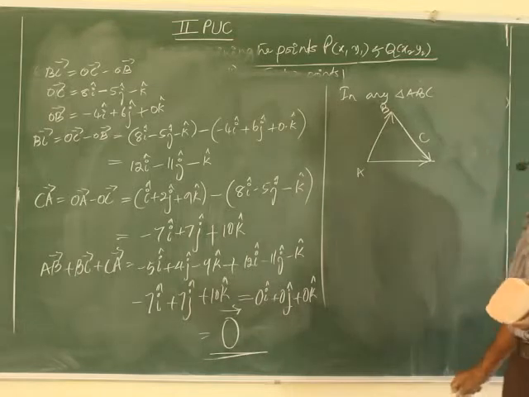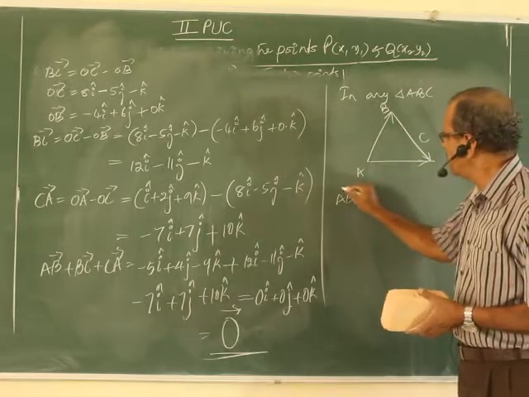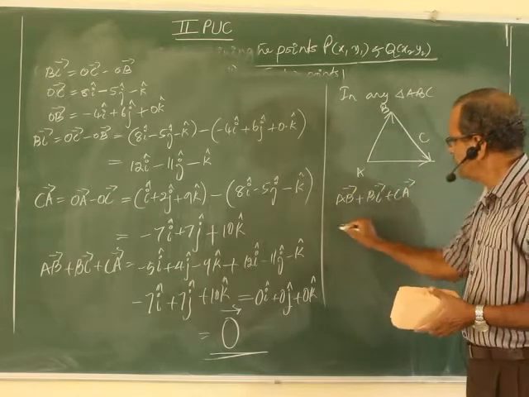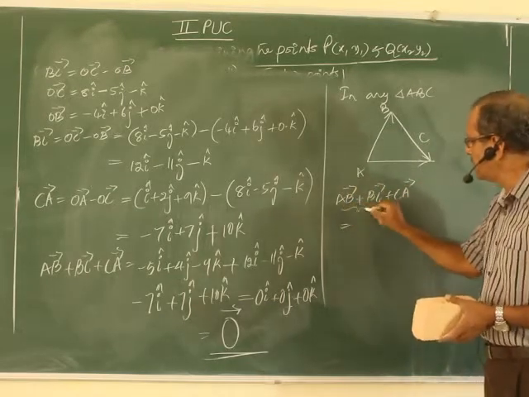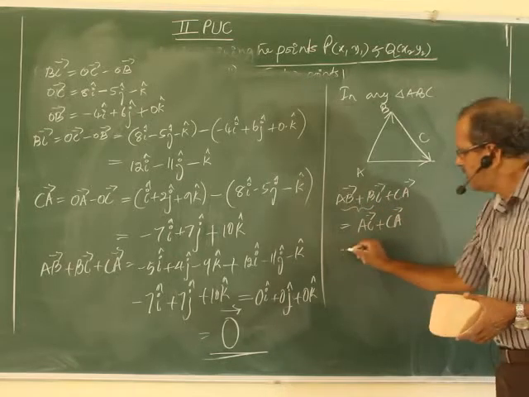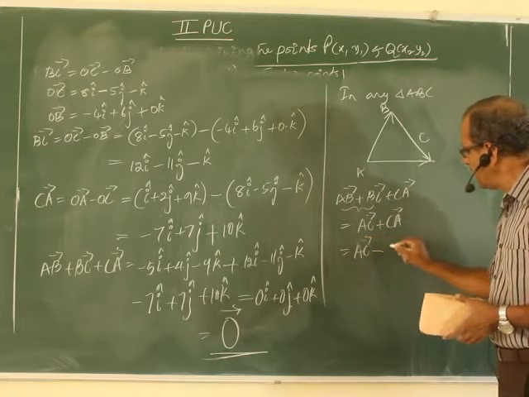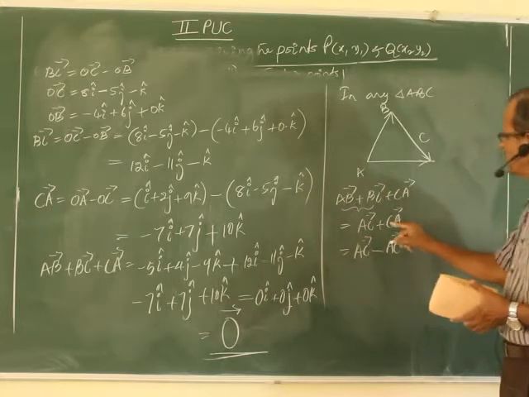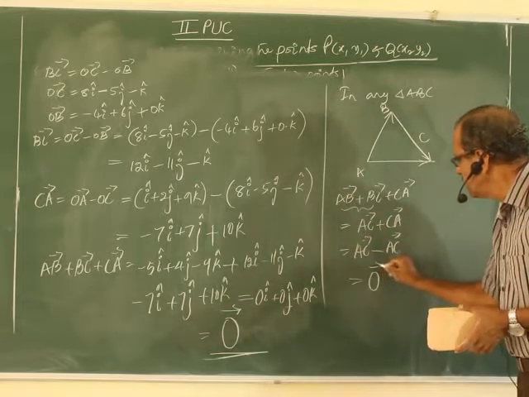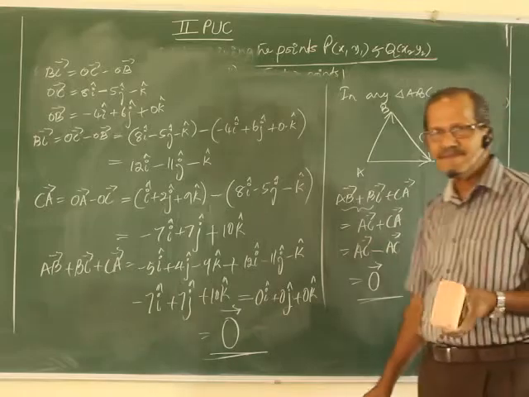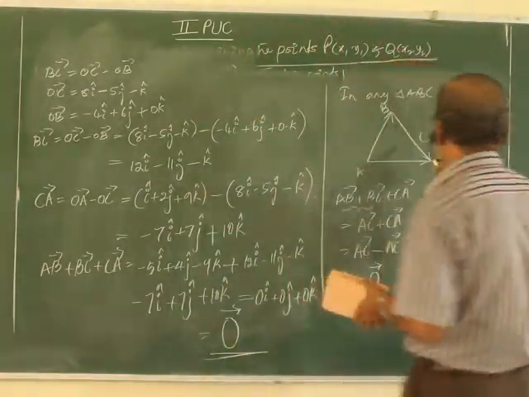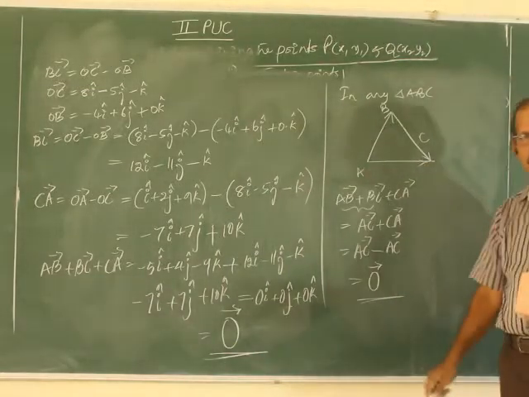AB plus BC plus CA equals AC plus CA, which is AC minus AC, since CA becomes minus AC. So it is a zero vector, no doubt. It is irrespective of the coordinates of the points given, remember.